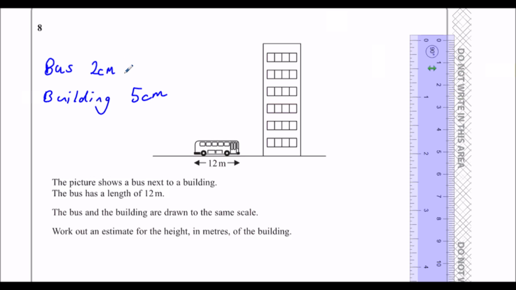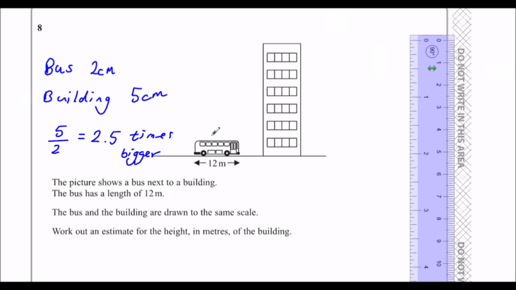So what do you times 2 by to get to 5? How many times bigger is the building than the bus? So 5 divide 2, half of 5 is 2.5. So it's 2.5 times bigger. You have to times the length of the bus by 2.5 to get to the height of the building.